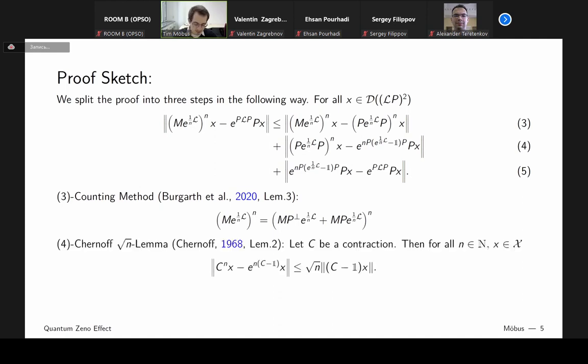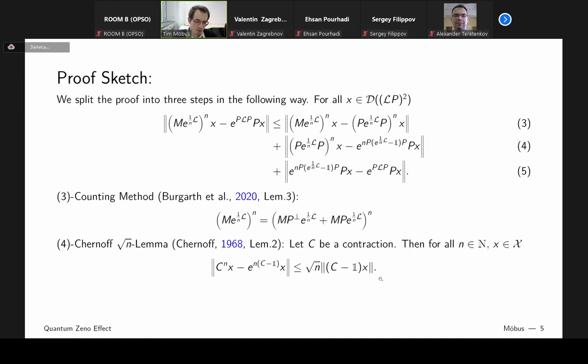The next step is with respect to the convergence rate, the most important one. We use a general square root lemma, or rather a modified version, and I will show you why. First of all, the general square root lemma for a contraction C is the following lemma. It gives us this upper bound here. So C to the power of n can be approximated by this semigroup, and we get this upper bound here.